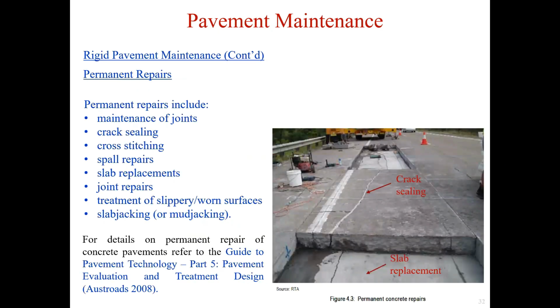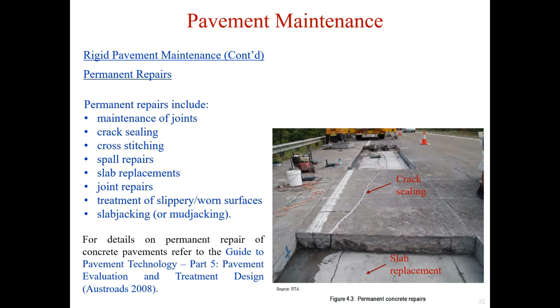If temporary repairs do not work, then permanent repairs are needed. A variety of permanent repairs are commonly used to maintain concrete roads. These include maintenance of joints, crack sealing, cross stitching, spall repairs, slab replacement, joint repairs, treatment of slippery or worn surfaces, and slab jacking or mud jacking.